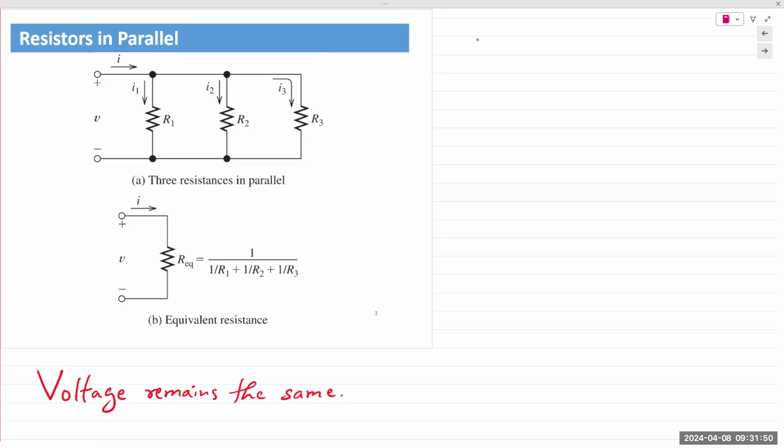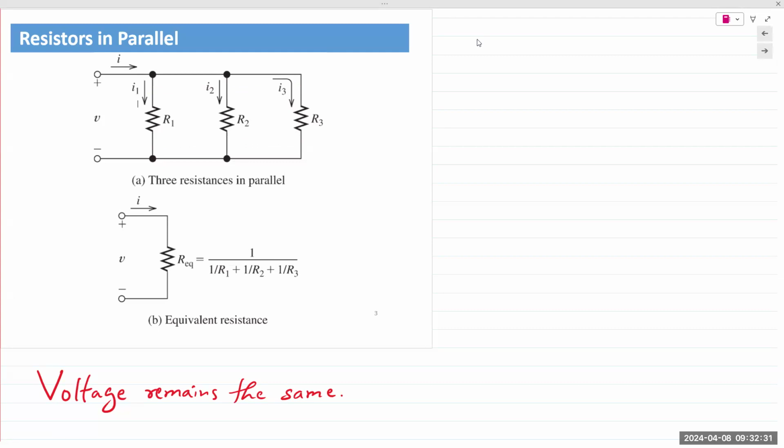We are only dealing with 2-terminal elements. We do not look at any 3-terminal or 4-terminal elements in this class. Okay, so 2-terminal elements means the resistors, capacitors, inductors only have 2 connections. Okay, if each one of those 2 connections is connected to another component with its respective terminals connected together, then we say they are in parallel. Okay, meaning both ends of each resistance have to be connected together, which is what we see in this diagram right here.